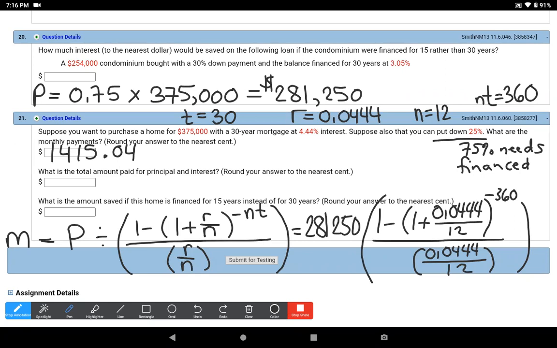What's the total amount paid for principal and interest? So if we take the payment amount from above and multiply it by 360, that will be the amount that we end up paying in the end, right?